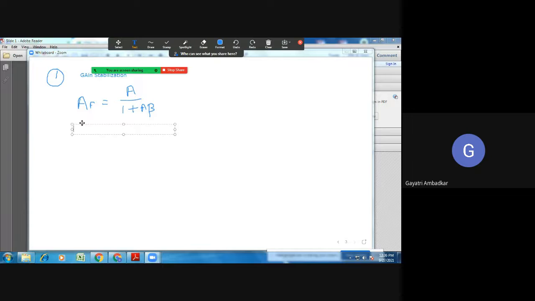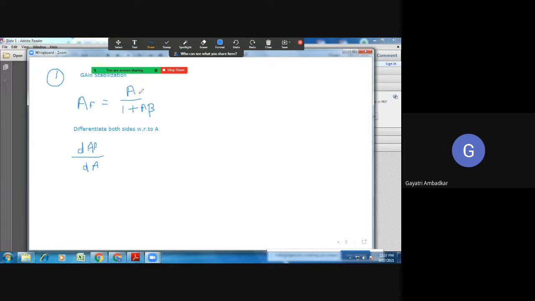So let's differentiate both sides with respect to A. This will be dAF upon dA, changes in gain with feedback with respect to changes in gain without feedback.